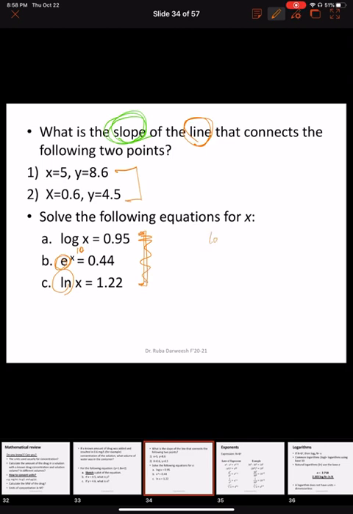So you need to know how to get the log of a certain number, if log x equals a certain number, or the anti-log. You need to know the ln of a certain number, and you need to know the anti-ln of that number. So those functions, you need to just review from the manual of your calculator.